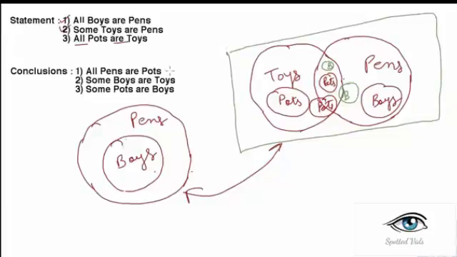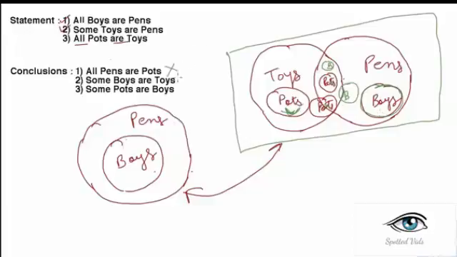All the pens are pots. So look at this circle. If this is the position, if the pot is not here, if it is here, then all the pens are not pots. So it is not possible at all. Some boys are toys. So if the situation is like this, if the circle boys is situated here, then there is no relation between the toys and the boys.